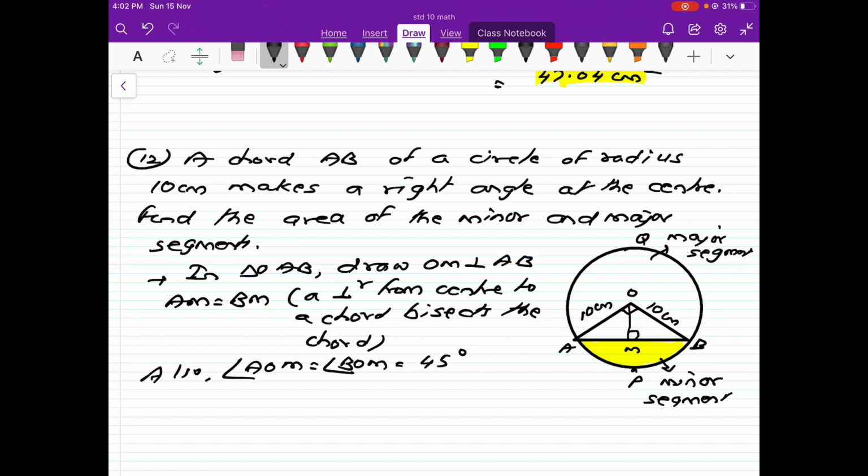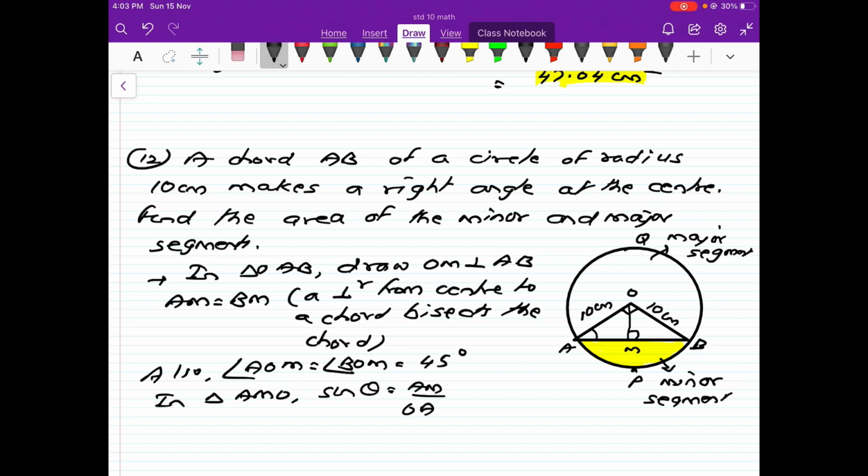Now we will take one small triangle. In triangle AMO, I will take this as theta. So sine theta is equal to the opposite upon the hypotenuse OA.